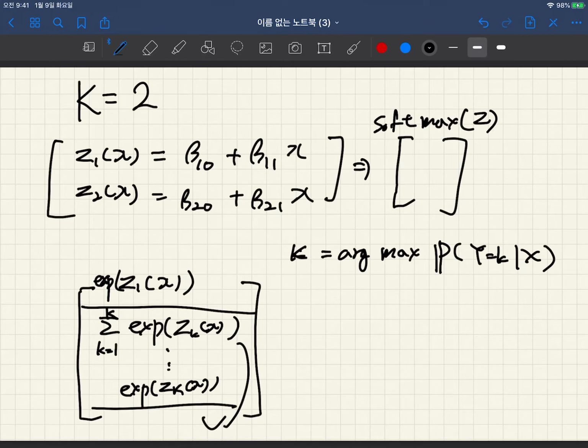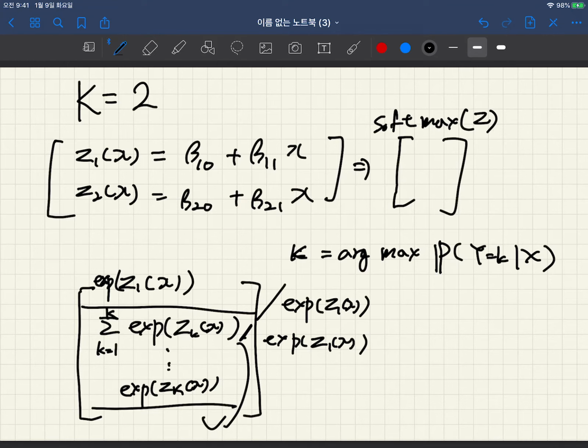Okay. So when you divide both the numerator and the denominator by exponential g1(x) for every entry, all values will be the same, because we divide by the same value in numerator and denominator at the same time.